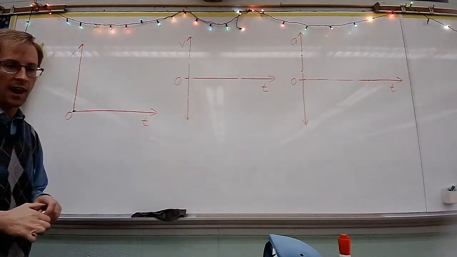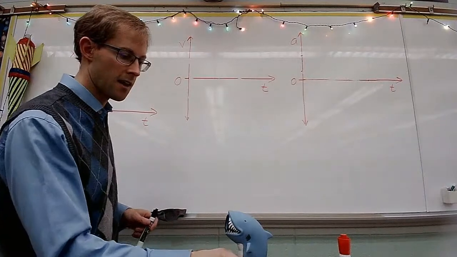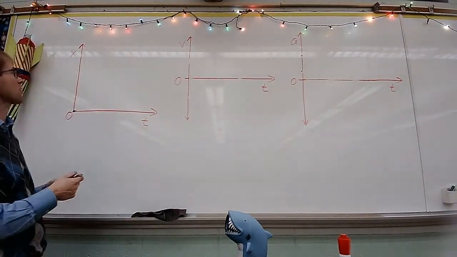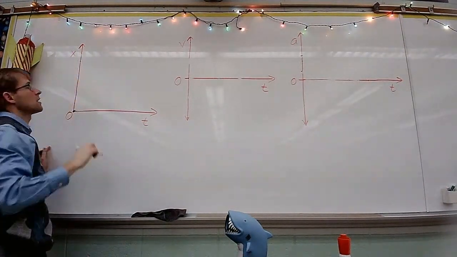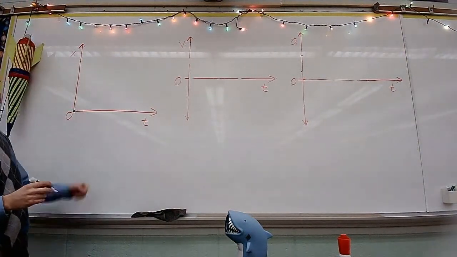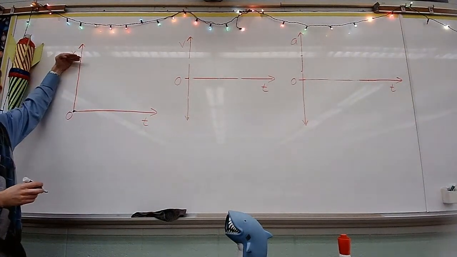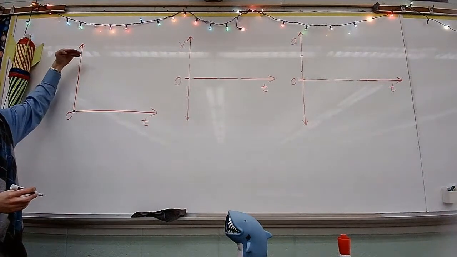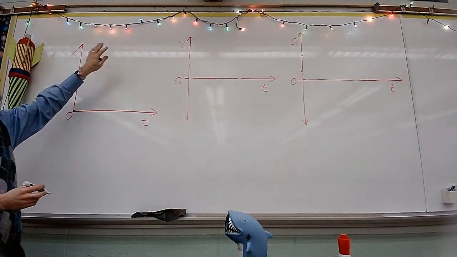So if he began away from the origin, that means we're going to start somewhere up here on our position time graph, because that's away from the 0 point. So the question is now, where do we go from here? Well, we started with a velocity of nothing. So that means we're going to start with a slope of nothing, because the slope on this graph represents velocity.